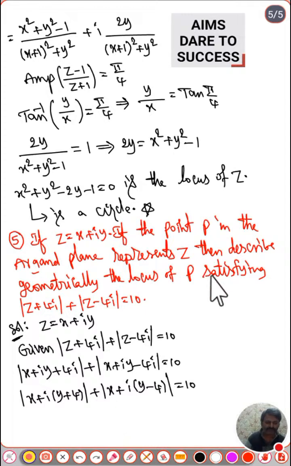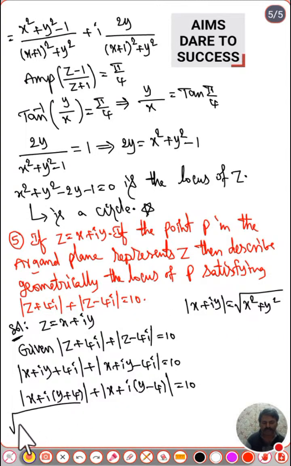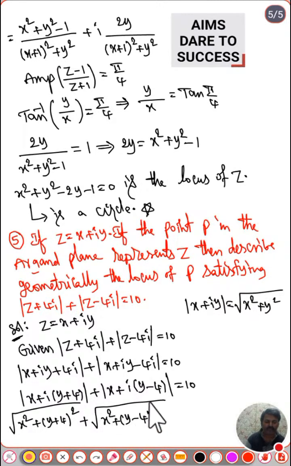The mod formula: mod of (x plus iy) is root over x square plus y square. Use this concept. So mod of (x plus i into (y plus 4)) is root of x square plus (y plus 4) whole square, plus again the same, root of x square plus (y minus 4) whole square, is equal to 10.